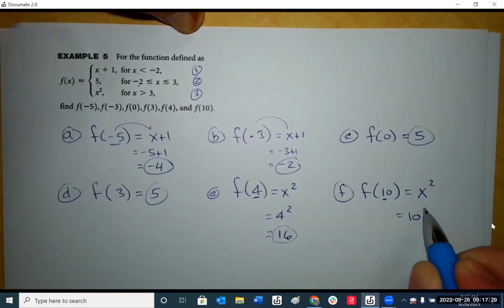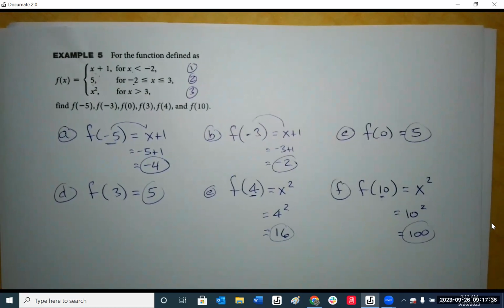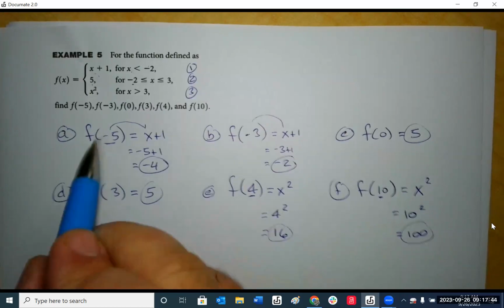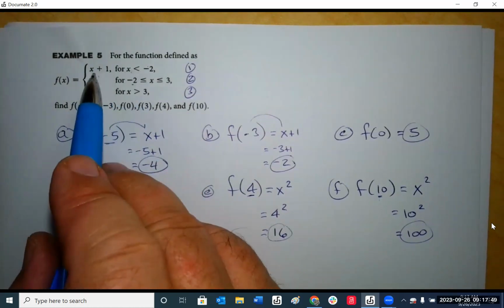So I plug in my value of x. That's how you do it. You look at the x value, see which domain it fits in, and then use that equation.